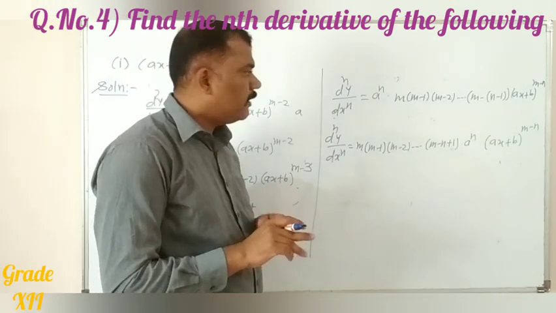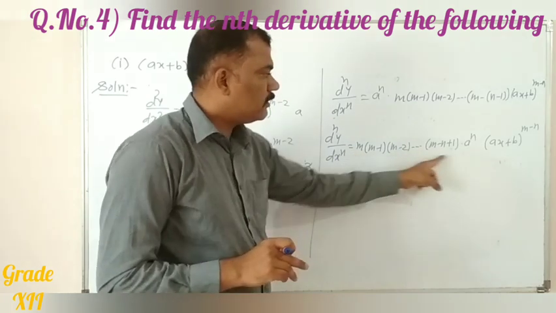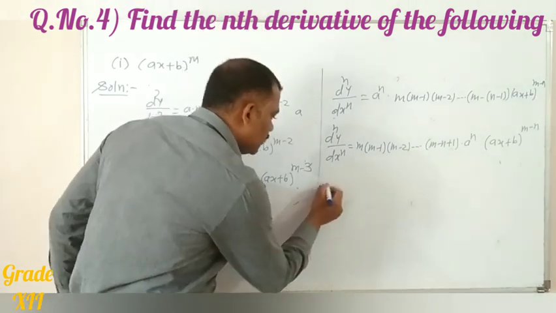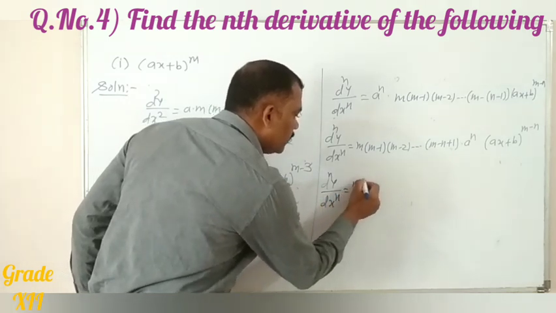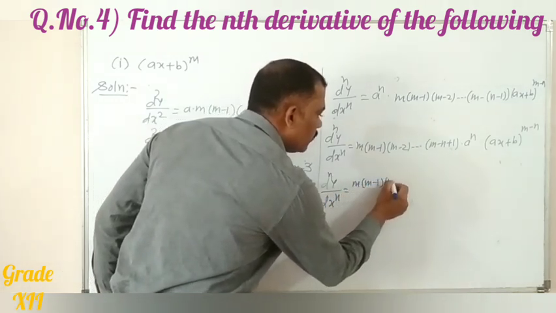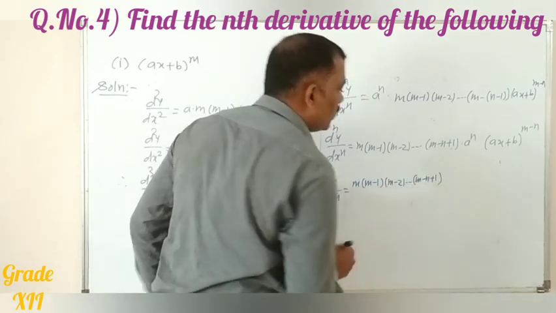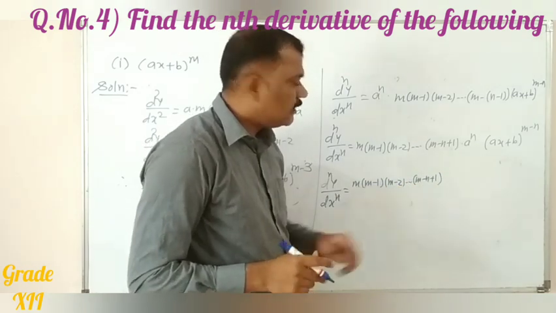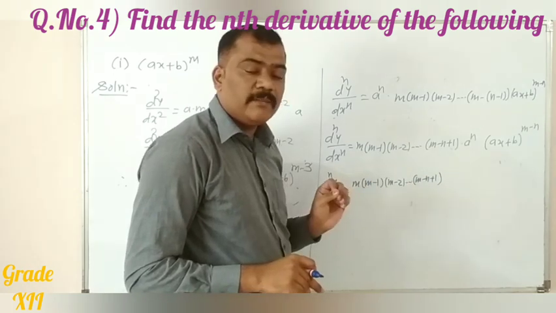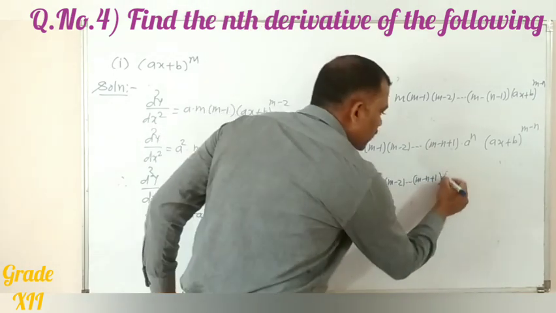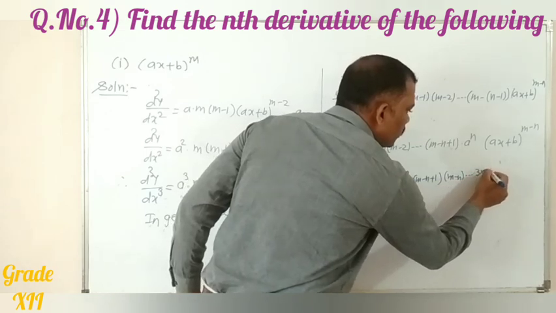This nth order derivative we can also write in the factorial notation for this product of factors. How to write that? dny by dx raised to n is equal to m into m minus 1 into m minus 2 so on m minus n plus 1. After that, the next term, we have to minus 1 from this, so that term is m minus n, so we have to multiply m minus n so on up to 3 into 2 into 1.